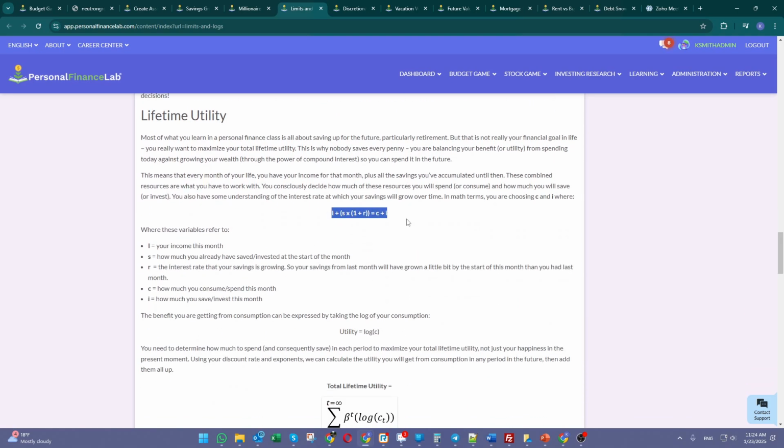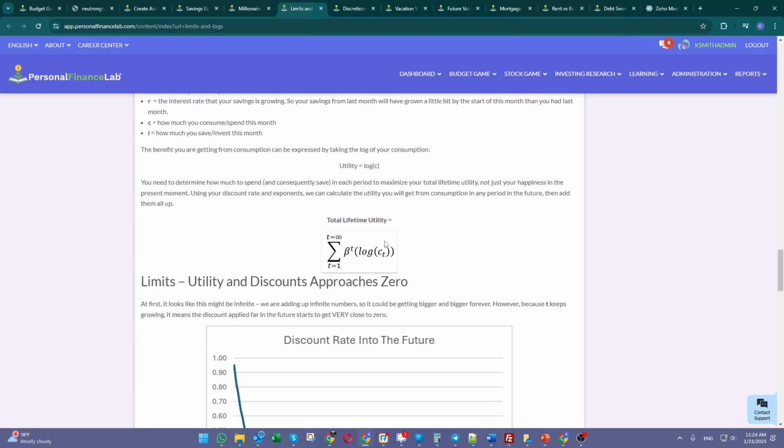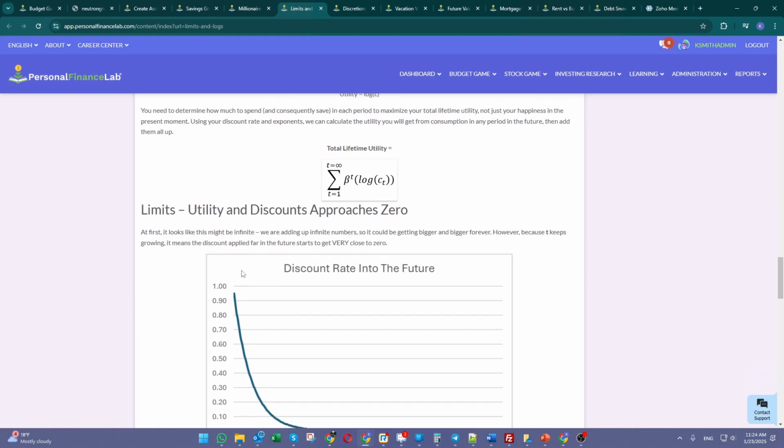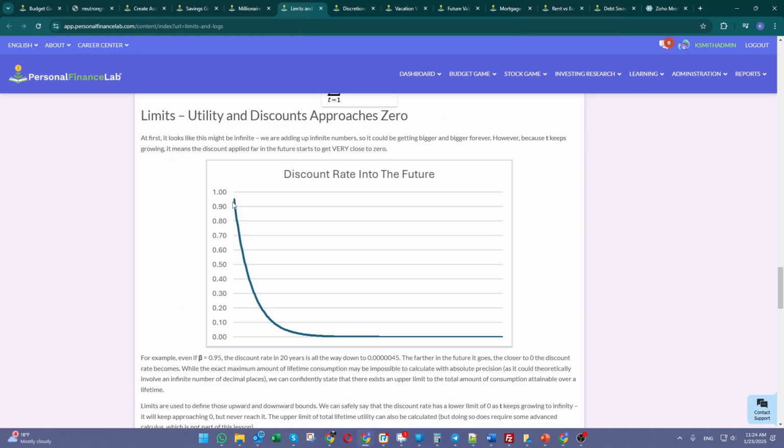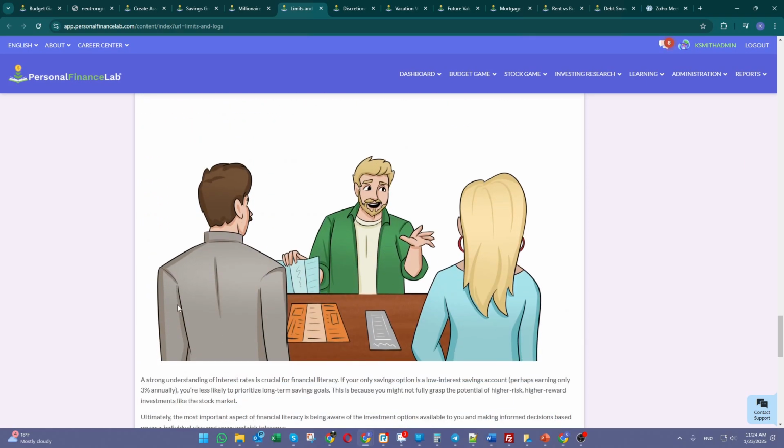And then we also connect that to functions with sigma notation for utility, using both the discount rate and logarithms. So it shows how far in the future money is worth to you. And then we connect that to savings and spending decisions.